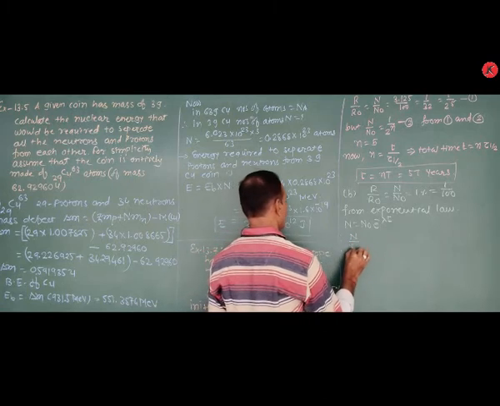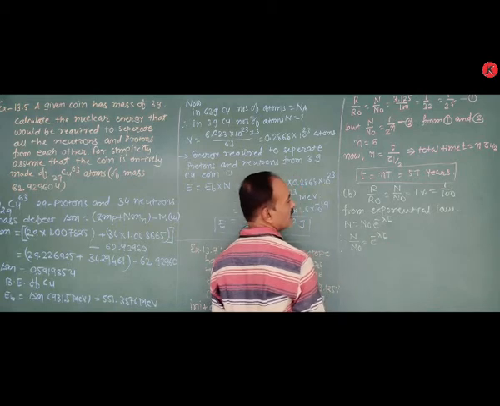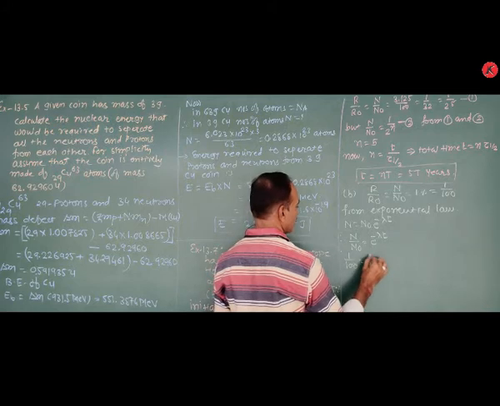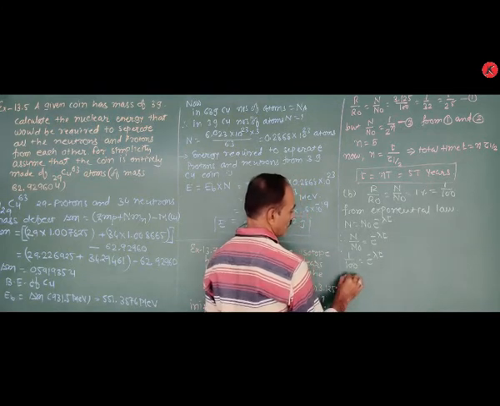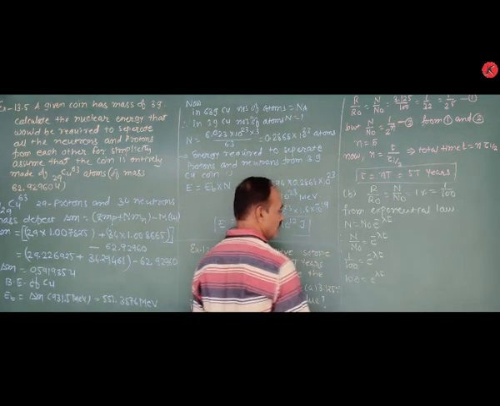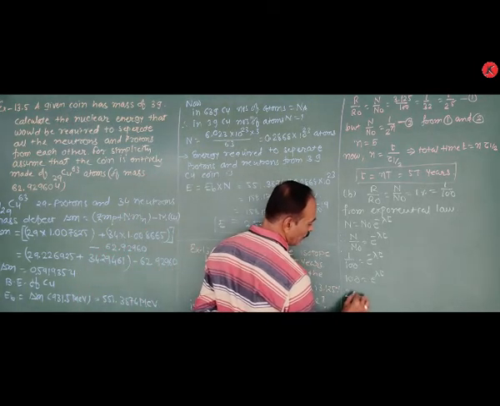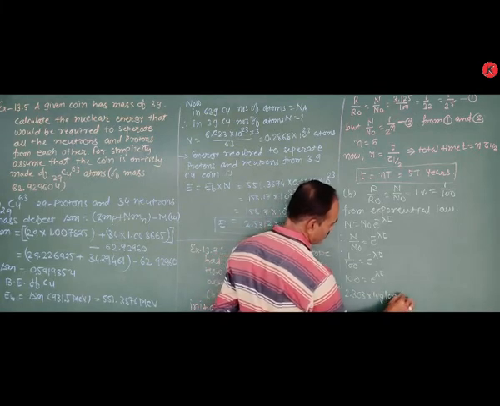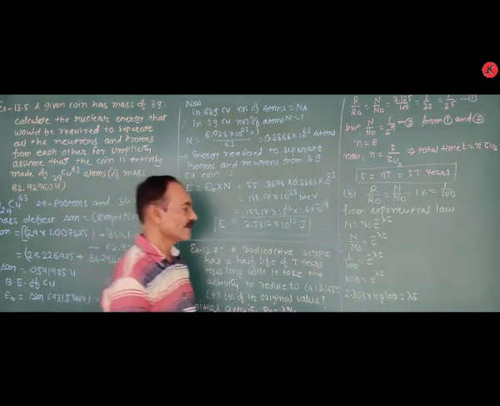Therefore, n upon n0 is equal to e to the power minus lambda t. But n upon n0 is given 1 upon 100, equal to e to the power minus lambda t. Therefore, 100 is equal to e to the power plus lambda t. Taking the ln both sides, therefore I can write directly 2.303 log 100 is equal to lambda t.